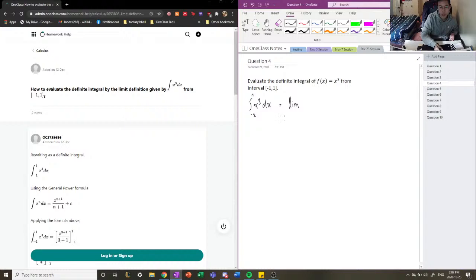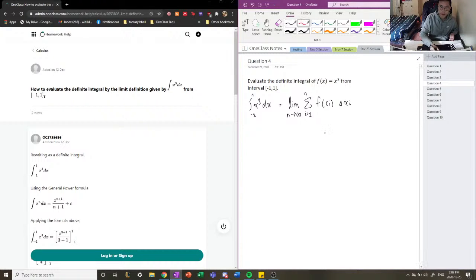So we have the limit as n approaches infinity of the sum from i equals 1 to n of f of ci times delta xi. This notation covers this formula, which calculates the limit of the sum of the function at ci times delta xi. So what is ci and delta xi?